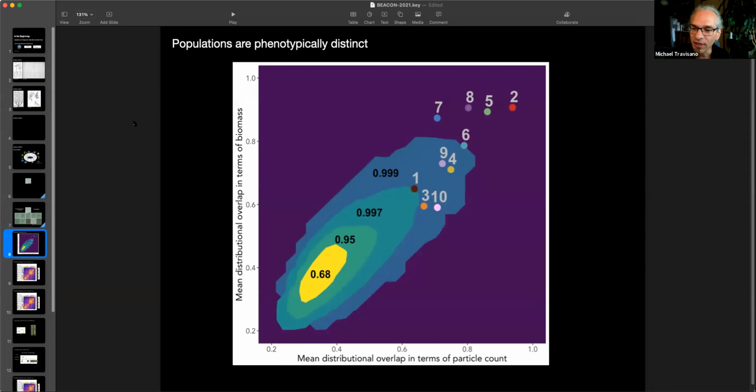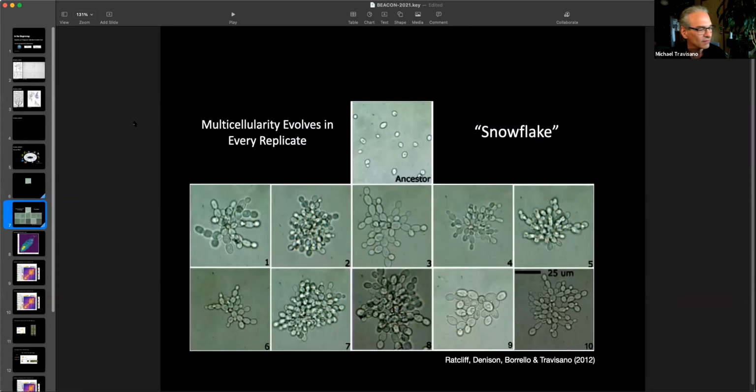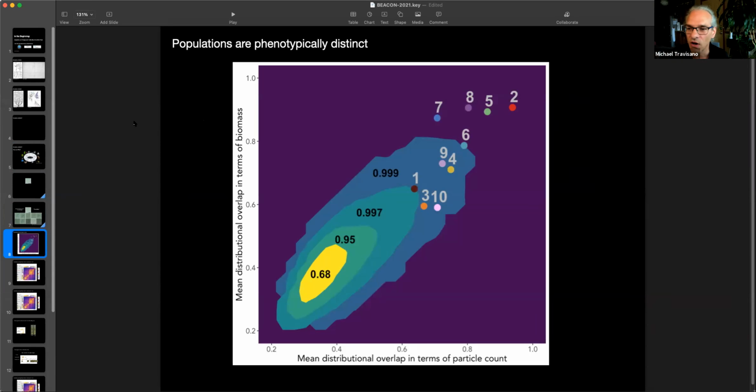So if you look at those populations, are they the same or different? They kind of all look the same. They're all snowflakey, but are they the same? This is where Noah stepped in and said, I want to actually know. So he looked at the distribution of sizes using biomass and number and asked, how can I quantitate them? This is a slightly odd graph that shows how similar or not they are, and they're not at all similar.